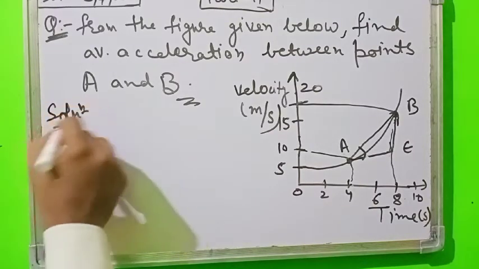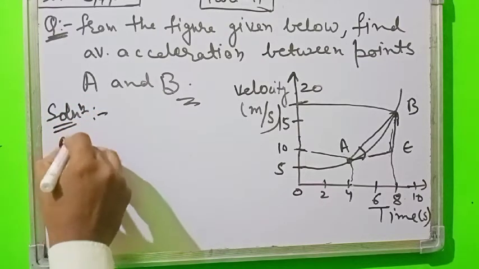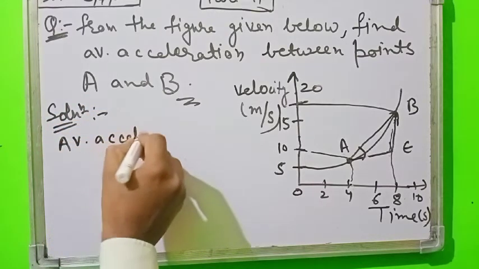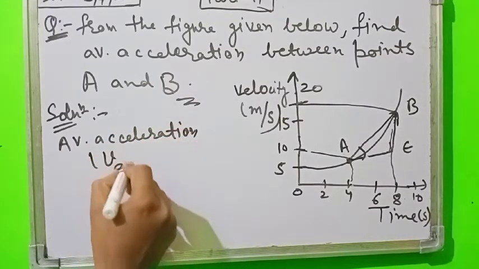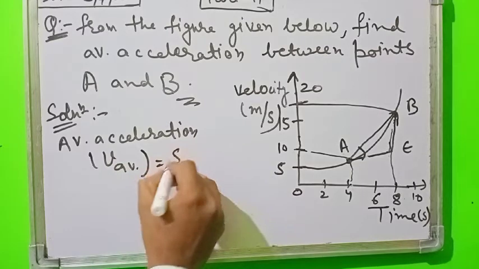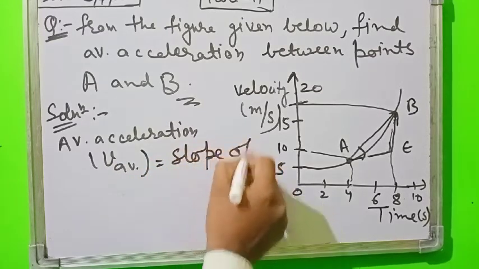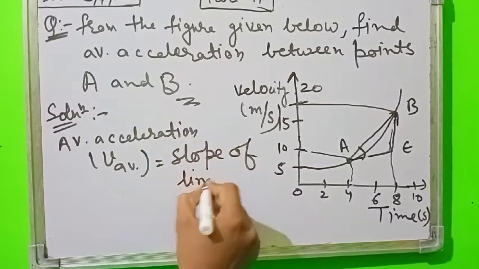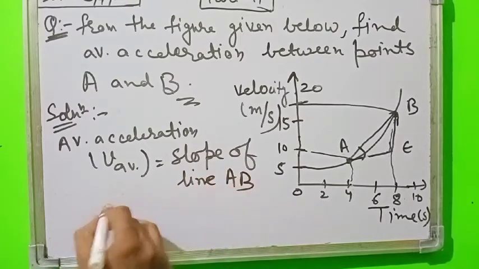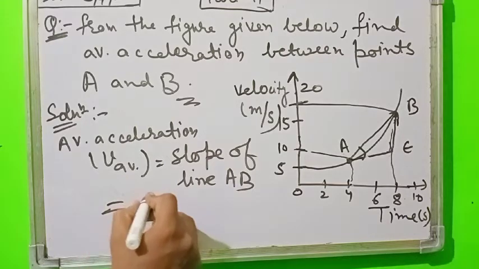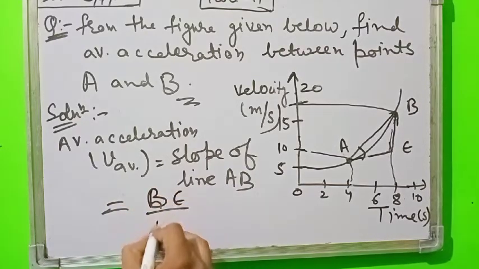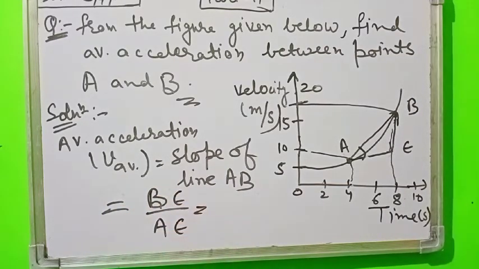Solution: average acceleration, that is a average, is the slope of line AB, and the slope of line AB is equal to BE upon AE. BE is equal to 20 minus 10.